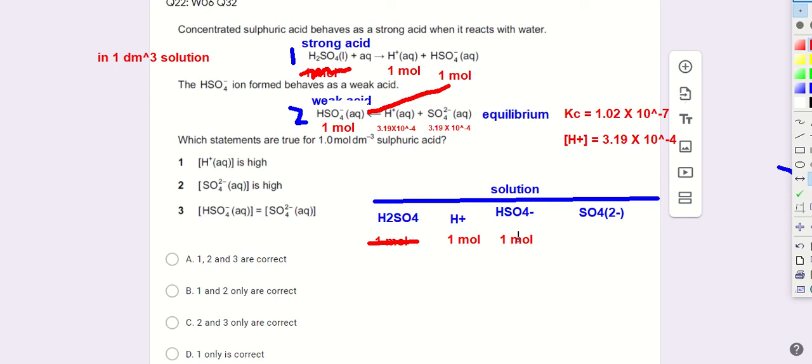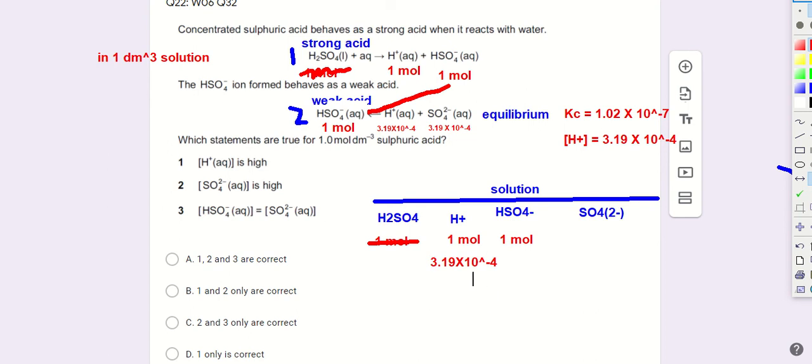Okay, so you see, now I have to add 3.19 times 10 to the power negative 4 here for hydrogen ion, because they are all in the same solution, don't forget. Everything in the same solution. So I need to add another 3.19 times 10 to the power of negative 4.